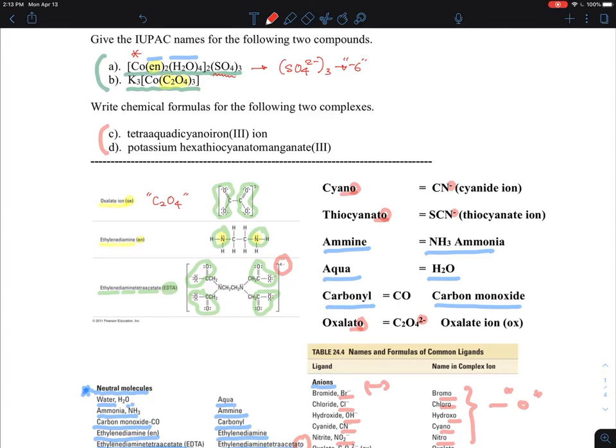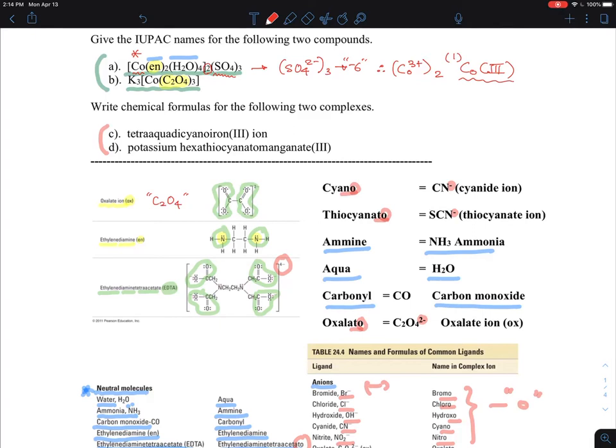And if you look at the cobalt, there are 2 cobalt here, so therefore your cobalt should be 3 plus because there are 2 of them to make it neutral, right? So from the charge balance, the important thing is your cobalt is a +3 charge. Okay, so that's one piece of information that you know.